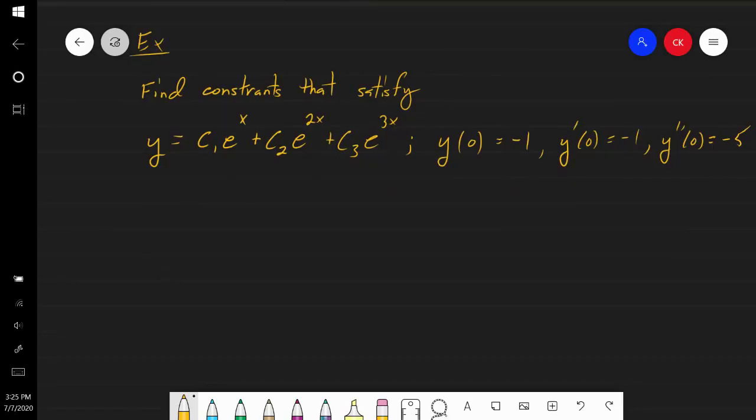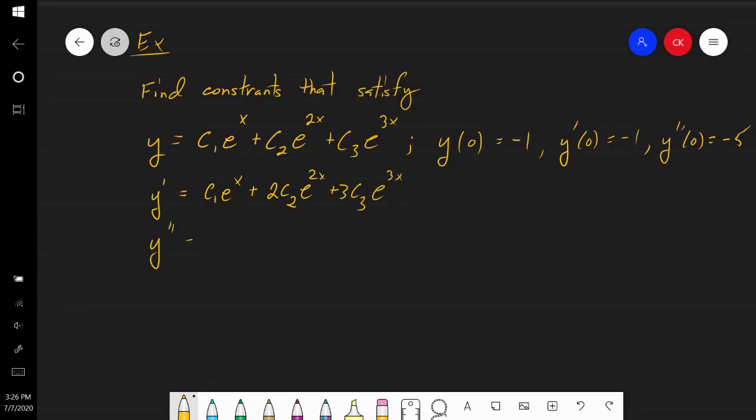And similar to what we did with the polynomial interpolation, we have some values that we can plug in, but I'm going to need the derivatives. So let's go ahead and figure out what y prime is. The first derivative here is going to look like c1 e to the x plus 2c2 e to the 2x plus 3c3 e to the 3x.